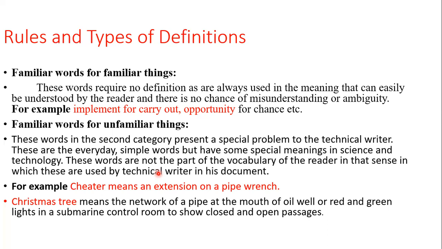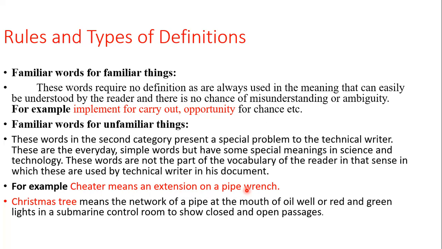Fine. So, for example, here they have two examples. Cheater is a common word in our common understanding. It is an unreliable person, one who deceives other people. But in the engineering world, cheater means an extension on a pipe wrench, the mouth of the pipe which screws and holds a nut.